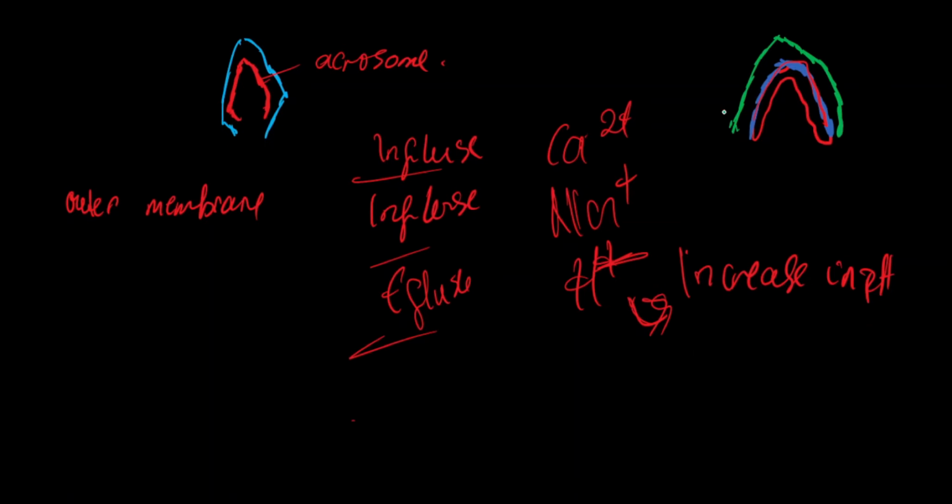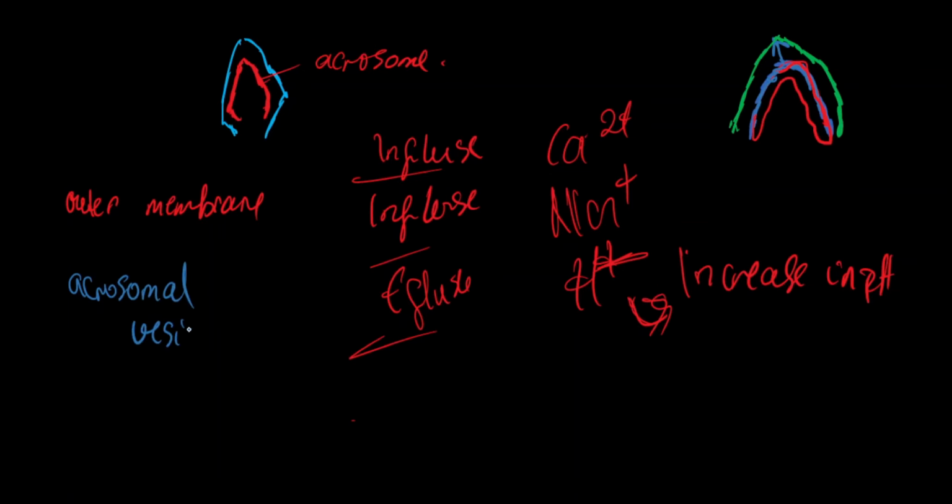What happens is that we have a fusion of the outer acrosomal membrane in blue with the overlying plasma membrane in green. So these two membranes fuse together. The fusion of these two membranes leads to the formation of small, tiny acrosomal vesicles.